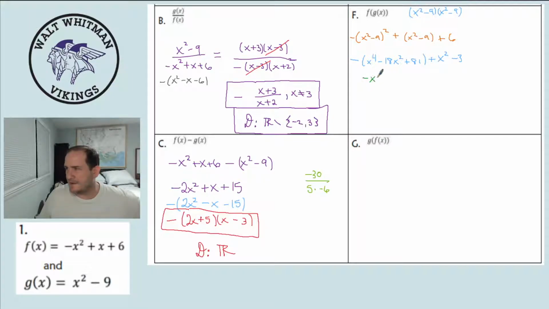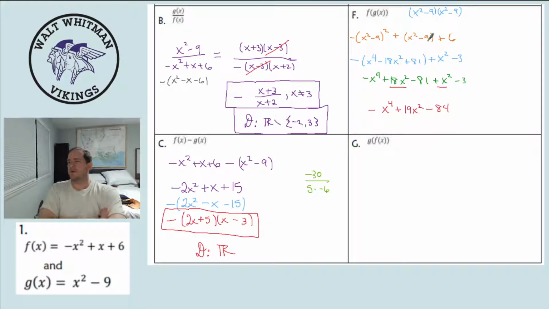You get -x to the 4th plus 18x squared minus 81, and then plus x squared and minus 3. Which means your final answer, you just combine like terms. You've got 18x squareds and one more, so that'll be 19. So it'll be -x to the 4th plus 19x squared, and then minus 84.